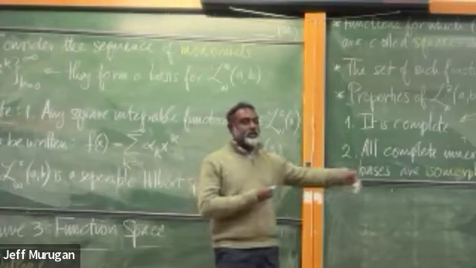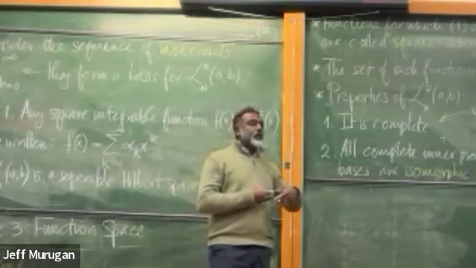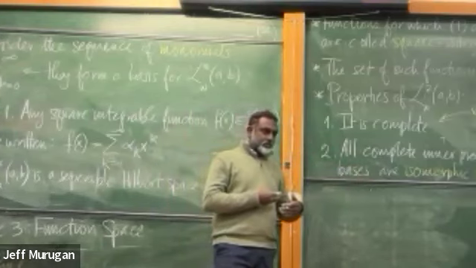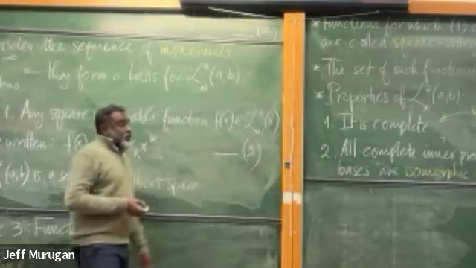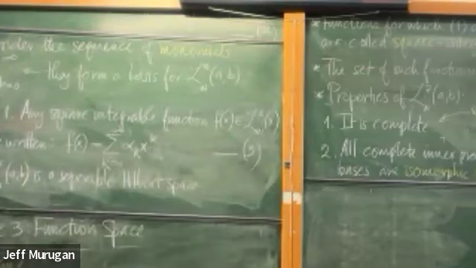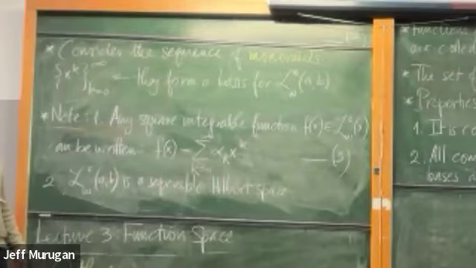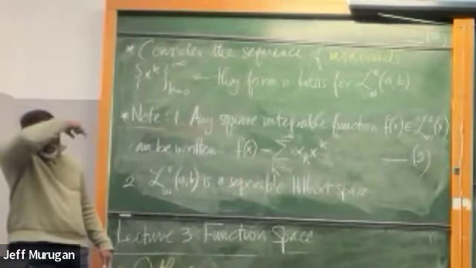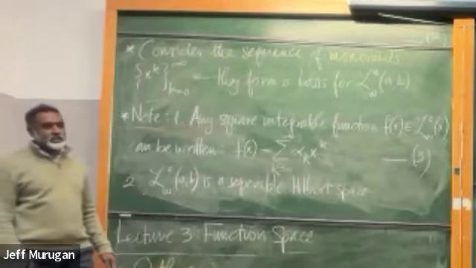So even if I have an infinite number of these basis vectors, they're not going to be a continuum, and I'm going to be able to count them. A Fock space is an example. That's right.